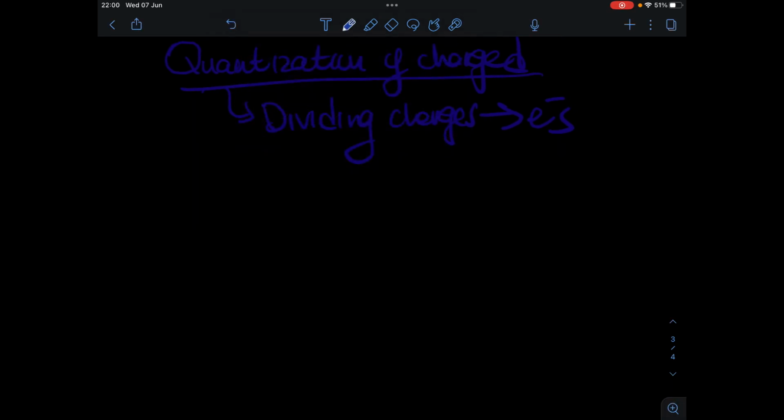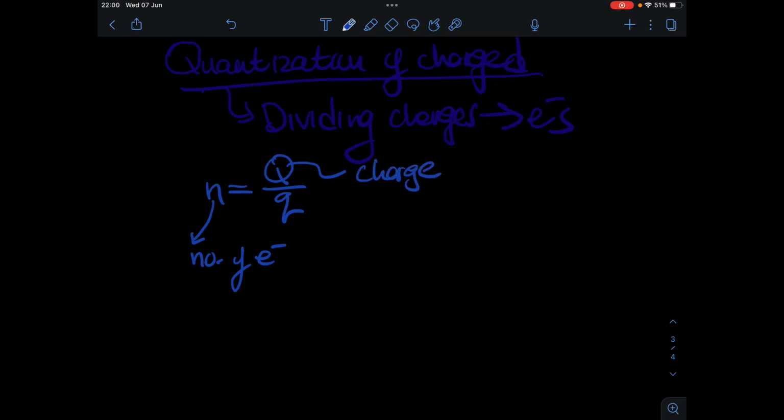So the formula for quantization is: number of electrons N is equal to charge Q over small q. The N is the number of electrons, and the Q is the charge that you are quantizing. And the small q is an elementary charge, which means one electron or one proton, equal to 1.6 times 10 to the power negative 19 coulomb.